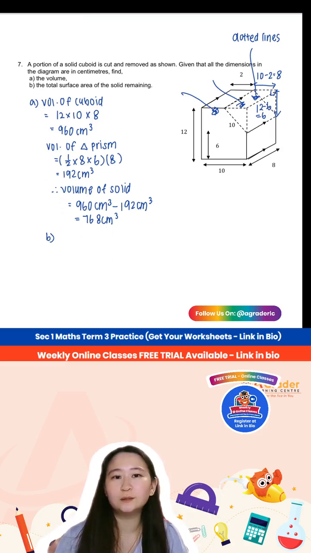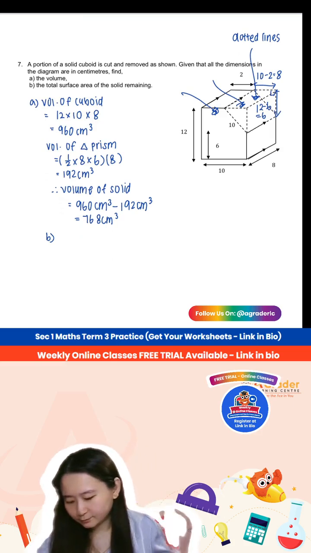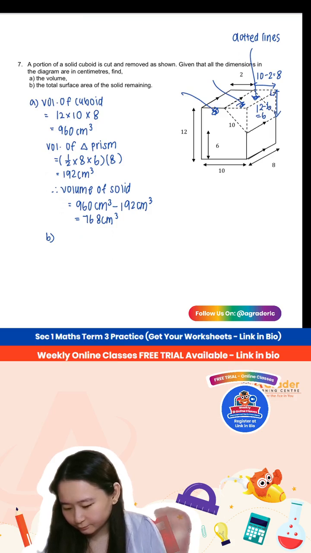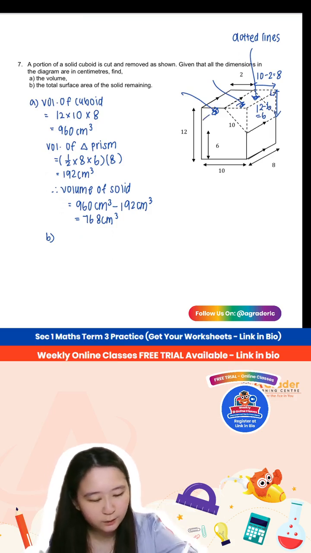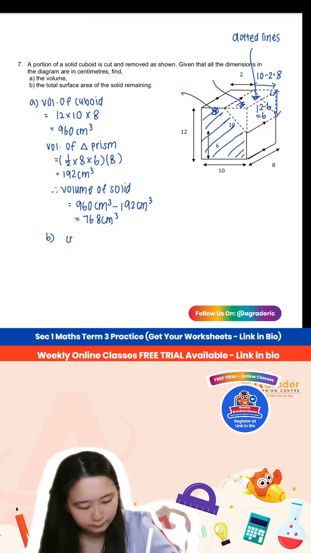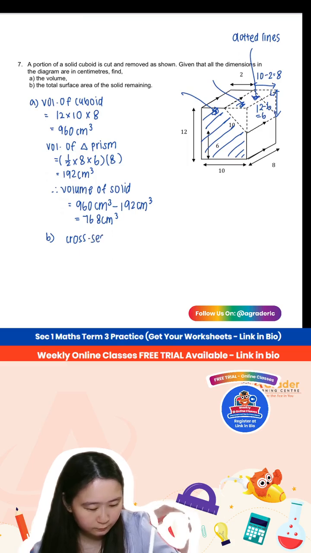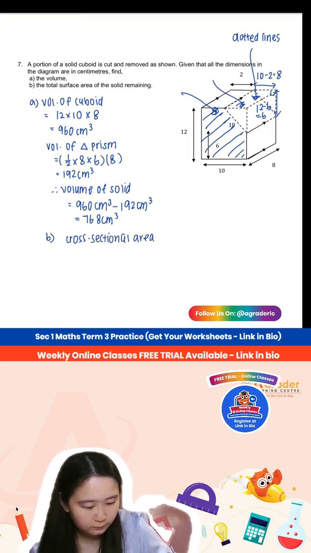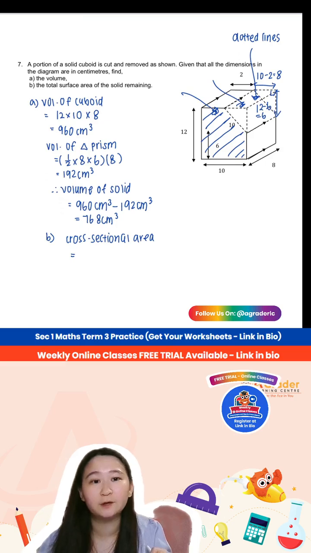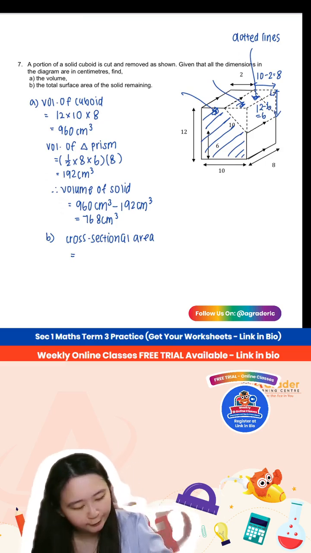Part B is on total surface area. So what we can do is we can find this cross-section area first. So for this cross-section area, we'll take the area of rectangle minus the area of triangle.